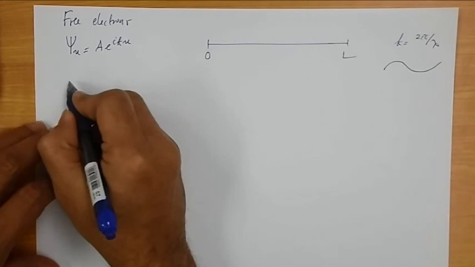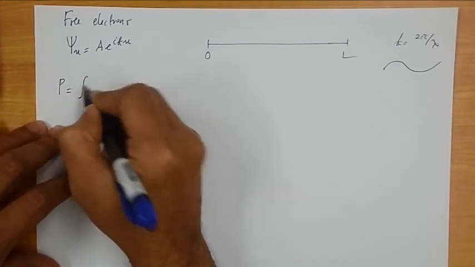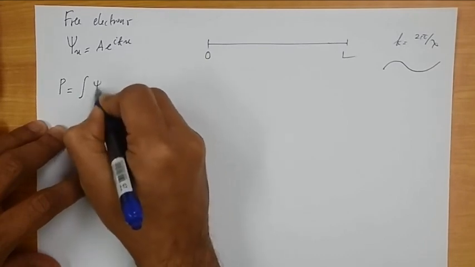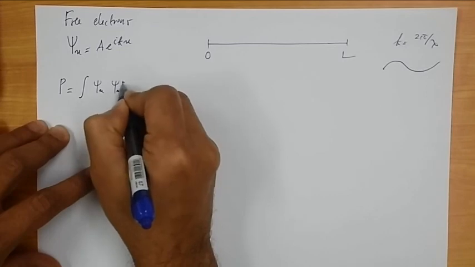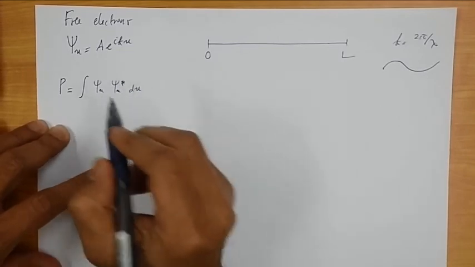Okay, and to find the probability, it is the integration of the product of the wave function times the wave function conjugate, dx.